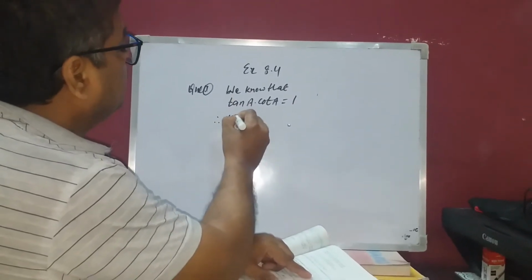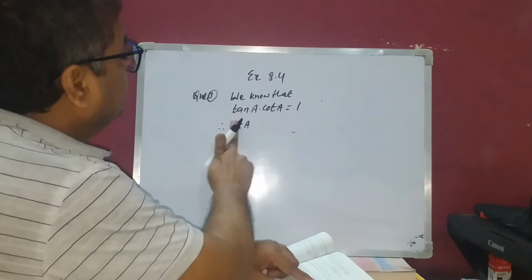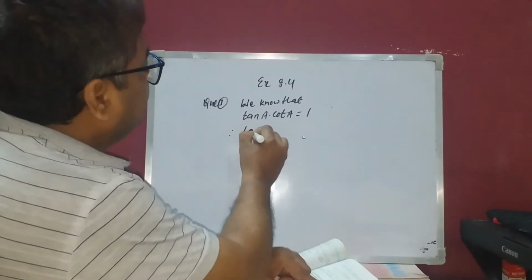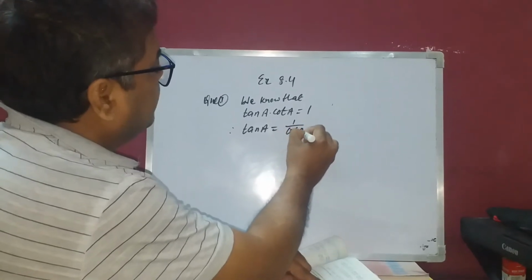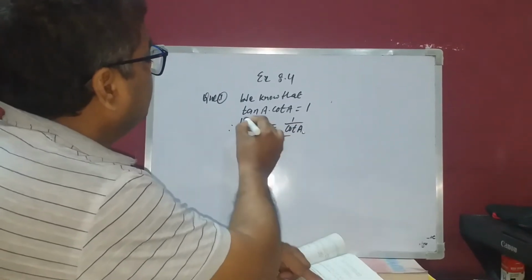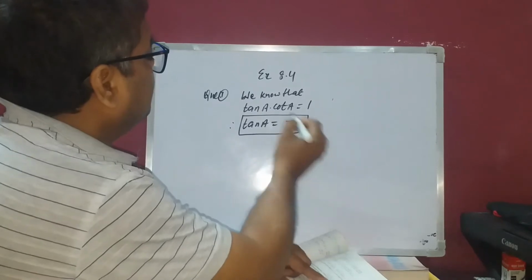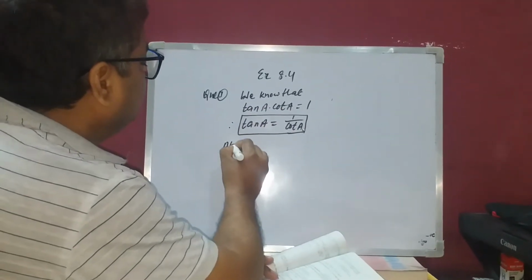Therefore, tan A is equal to 1 by cot A.